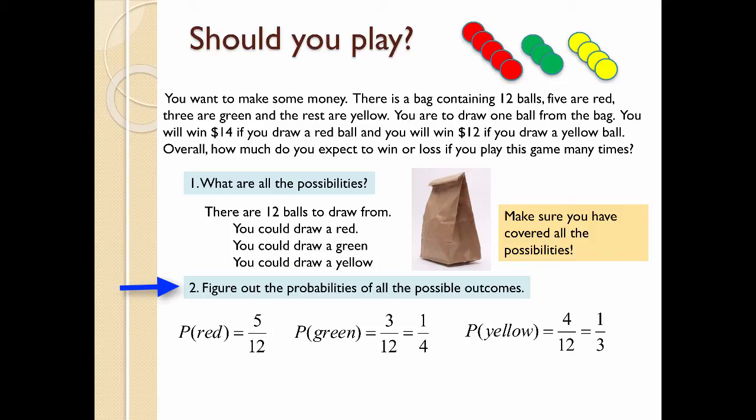The probability of drawing a yellow, there's 4 yellow balls out of the 12, so 4 out of 12, which you can reduce to 1/3. At this point, it's a good idea to make sure that those probabilities that you just defined all add up to 1, because then you can be pretty sure that you've covered all your possibilities.